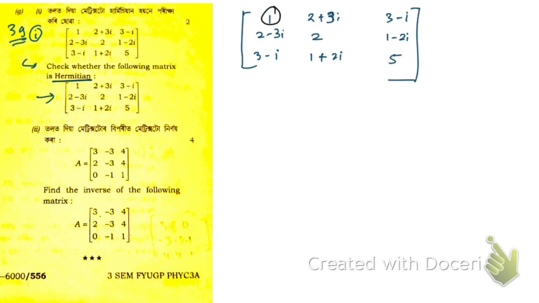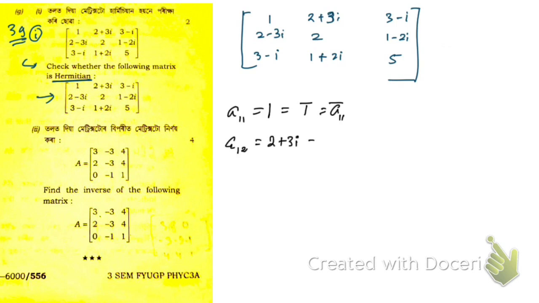Here you can see the first element, the element of the first row and first column, is a11, which is equal to 1, and the complex conjugate of 1 is again 1, as it is a real number. So a11 equals the complex conjugate of a11. Similarly, this is the first row, second column element, 2 plus 3i.